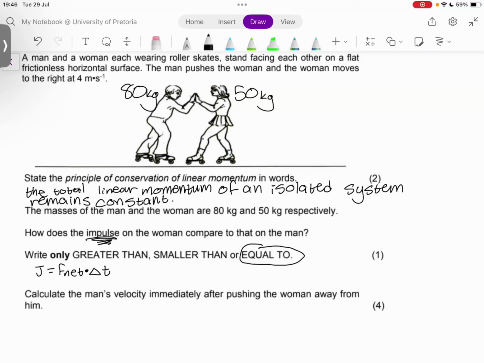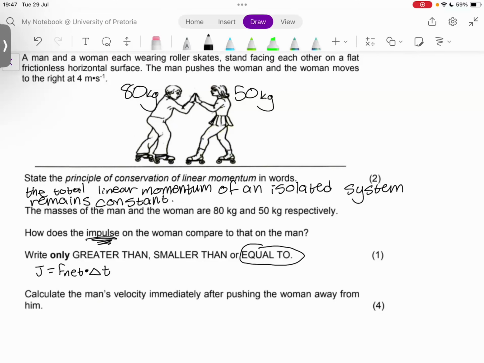For the net force that's happening over here, can we agree that by Newton's third law, every action has a reaction force that is equal in magnitude but opposite in direction, right?